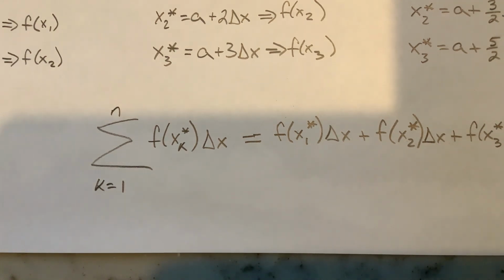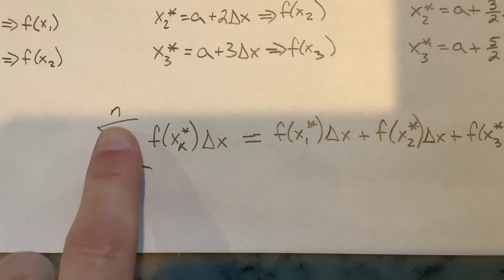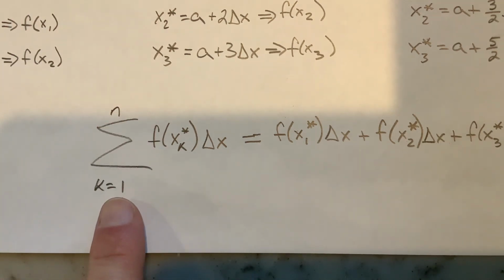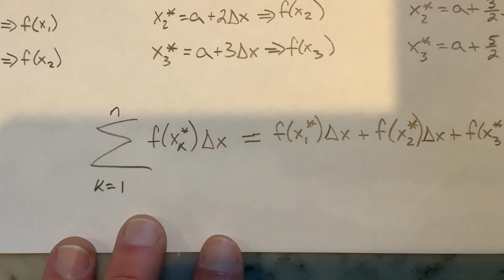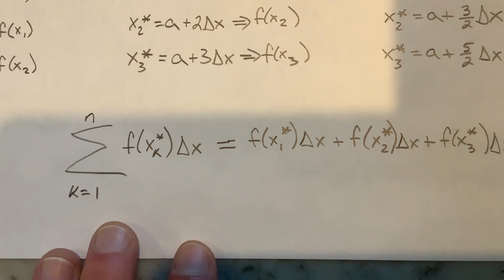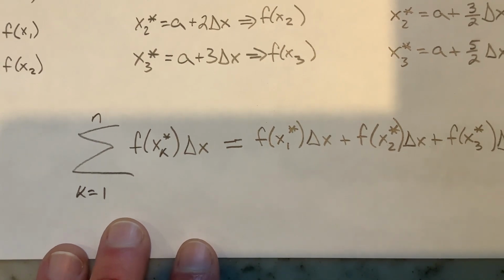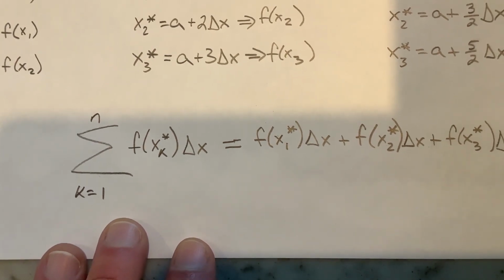That's the x value that we plug into our function in order to get the y value of that rectangle. And we're doing this for n rectangles, starting at the first rectangle, going to the nth rectangle. So what does that look like in notation? What is the sigma notation doing?